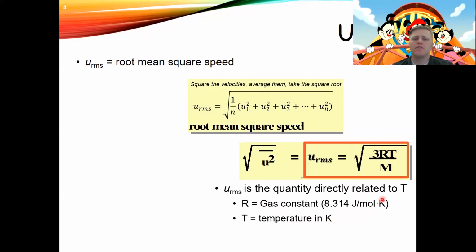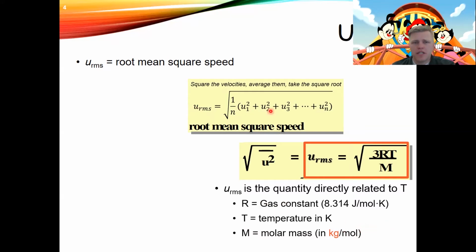We need it in Kelvin so it can cancel out with the K in the R. And our M is the molar mass, the molecular weight of whatever gas we're talking about. It's capitalized here to indicate that it's in kilograms per mole. Usually we talk about molar mass in grams per mole, but in this equation specifically, it has to be in kilograms per mole.